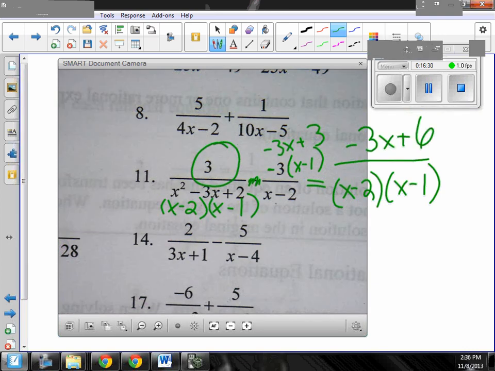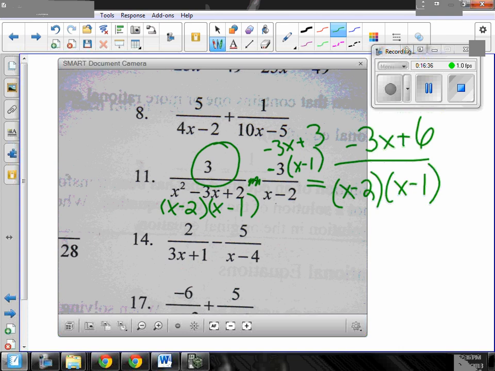Now I should check to see if the top will factor. Can I pull anything out of the top? A 3. If I pull out a 3, what am I left with? Negative x plus 2, which is really close to what I would like to see. So if I pull out a 3, I have 3 times negative x plus 2.